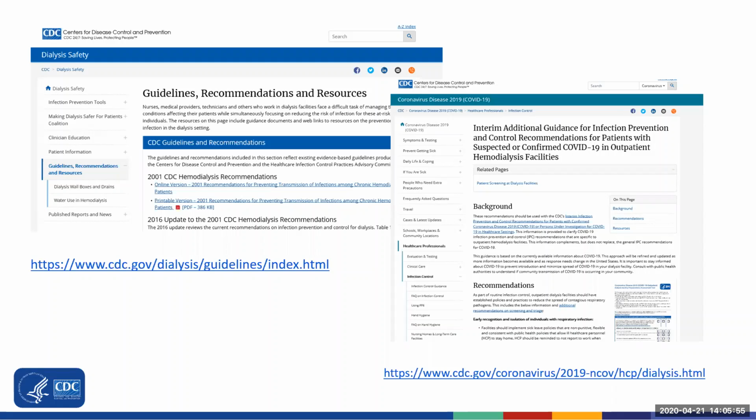It is important to stay informed about COVID-19 to prevent the introduction and minimize the spread of COVID-19 in your dialysis facility. We encourage you to use this toolkit along with other COVID-19 dialysis-specific resources and ongoing activities in your clinic. The guidance and additional resources are available on CDC's webpage.